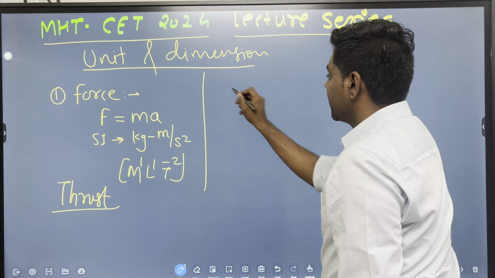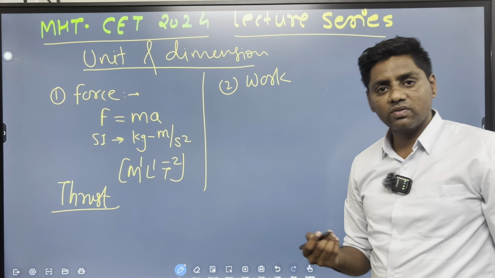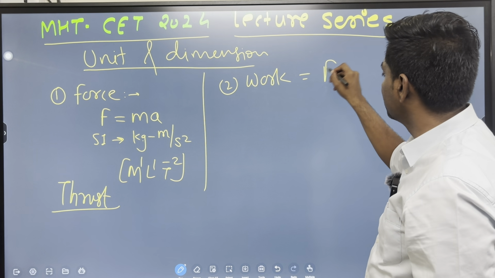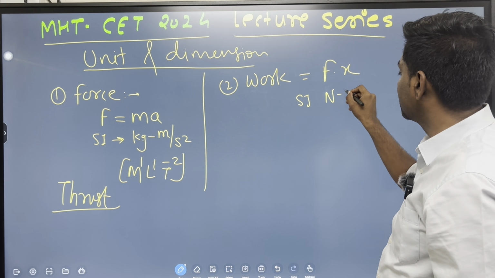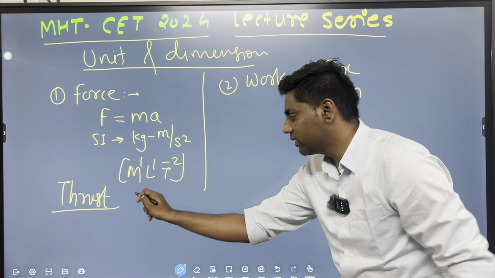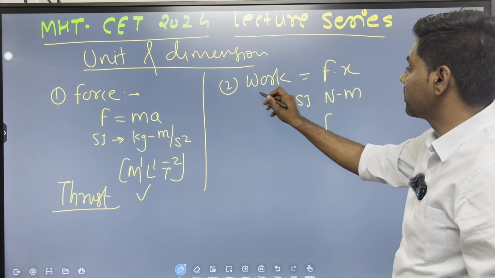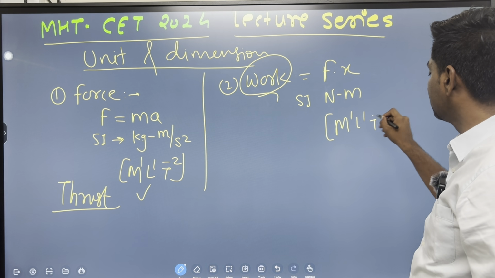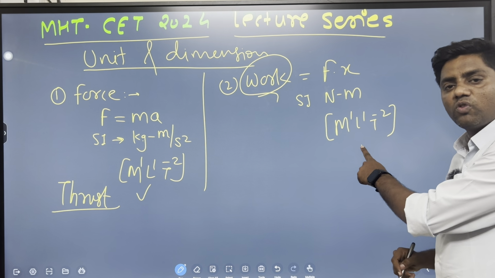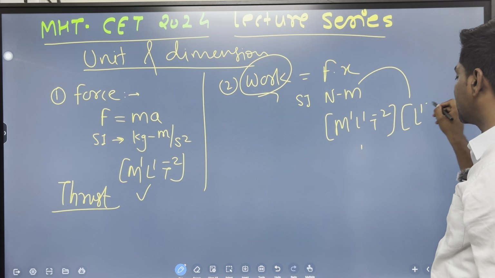Next physical quantity is work done. What is the formula of work? Force into displacement. What is the SI unit? That is Newton meter. You have to remember the dimensional formula for force, so we can calculate the dimensional formula for work done. This is the dimensional formula for force, M1 L1 T minus 2, and the dimensional formula for meter, that is distance, is L1.